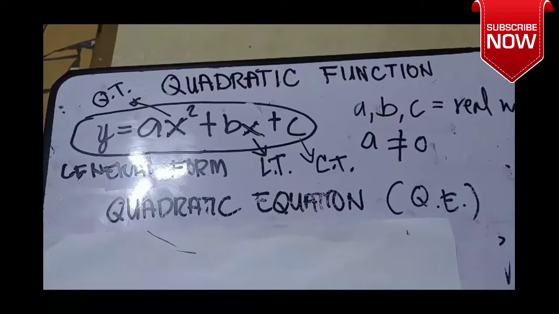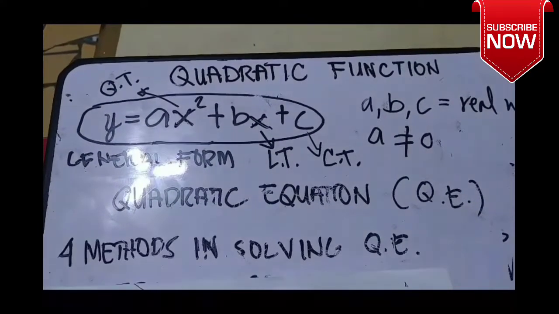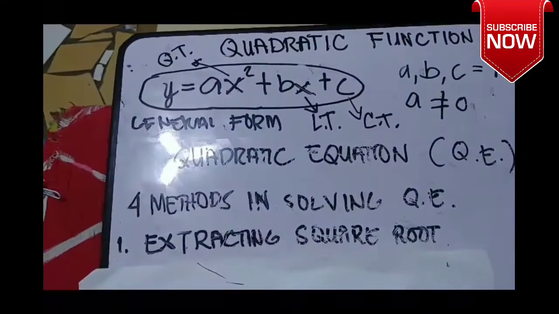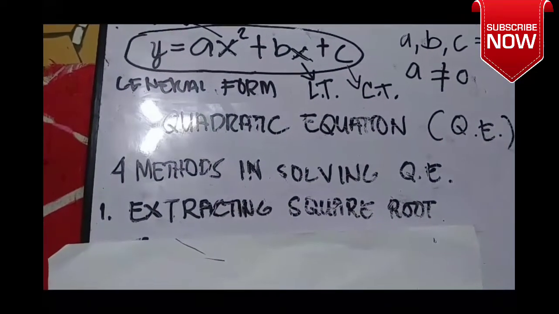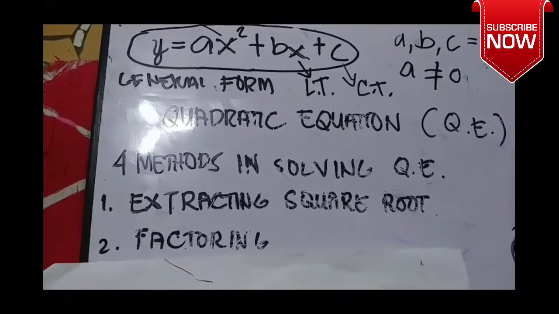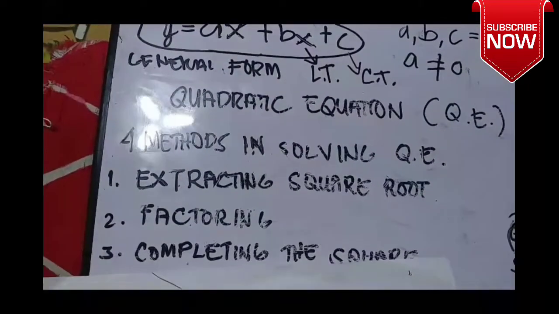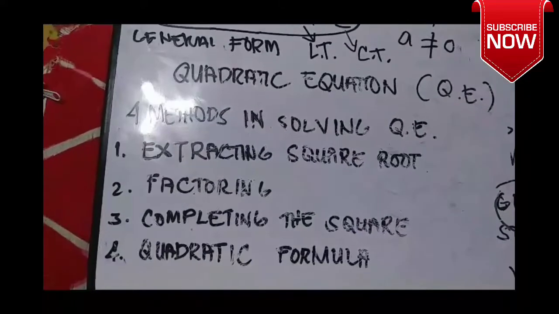So sa pag-solve ng quadratic equation, there are 4 different methods. So the first method is extracting square root, factoring, second method. The third method is completing the square, and the fourth one is the quadratic formula.